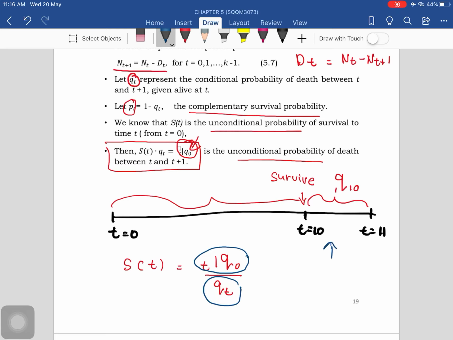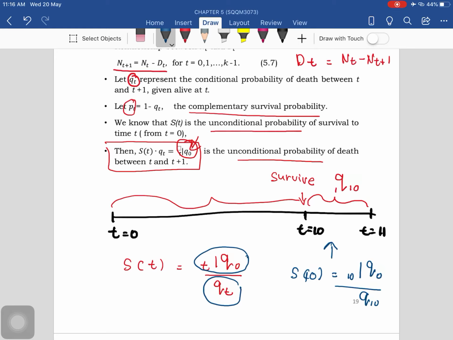So if you write down this case, it becomes ST. Sorry, here is 10.